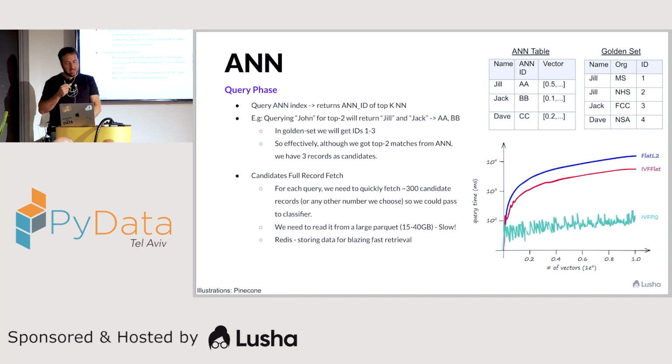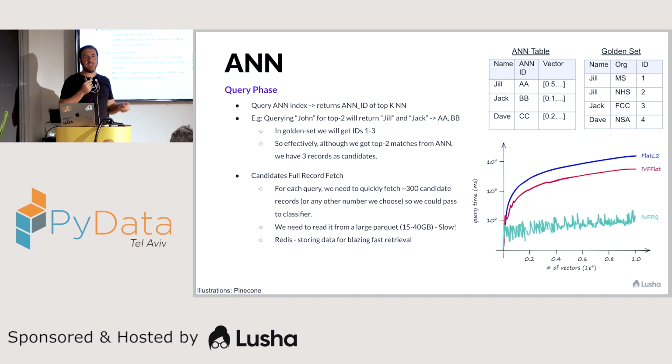And I think the last thing before I go into some questions is full record fetch, right? Because the index, product quantization, everything gets compressed, everything goes in memory, this is fine. But now I've got a billion-record data set, and I just want to take 300 candidates for that query, right?